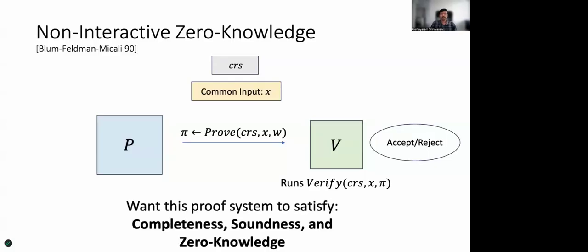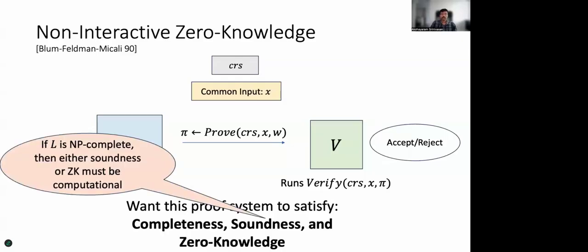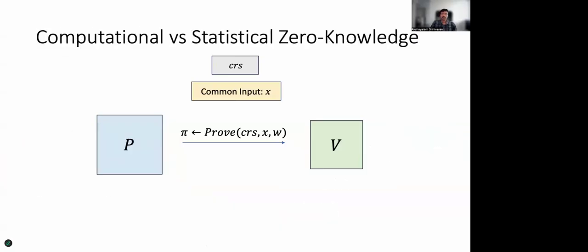Again, we want this proof system to satisfy completeness, soundness, and zero knowledge. It's not hard to show that if L was NP complete, then we require either the soundness or the zero knowledge property to be computational. Suppose we have a proof system that satisfies computational zero knowledge.